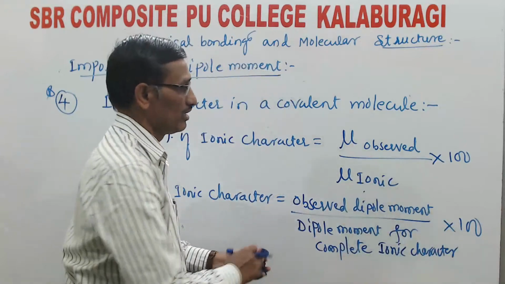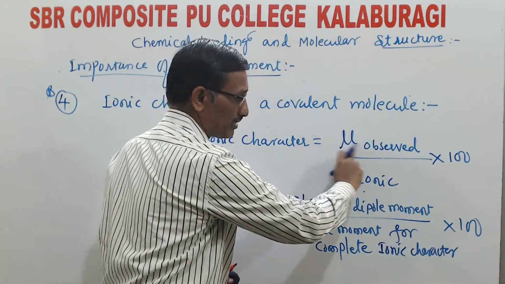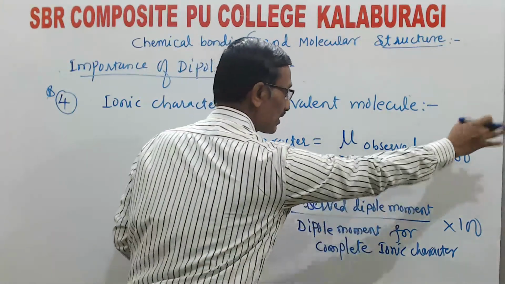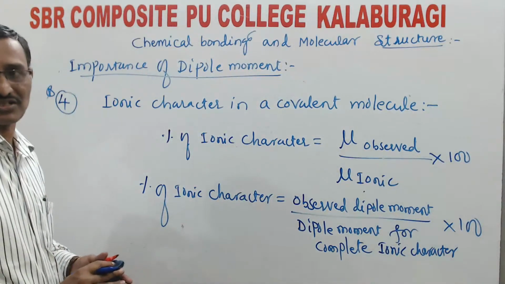Observed dipole moment divided by ionic dipole moment for 100% ionic character, multiplied by 100. You will get the ionic character.